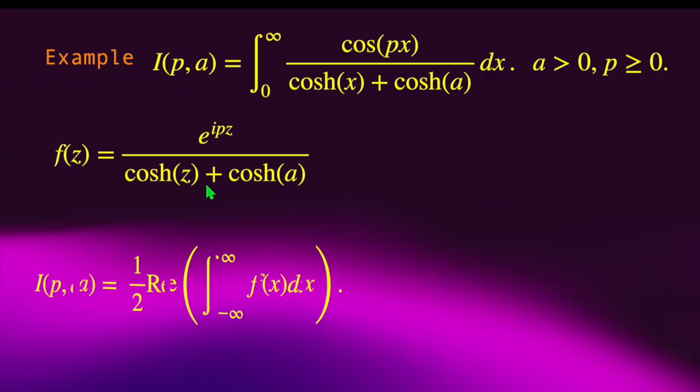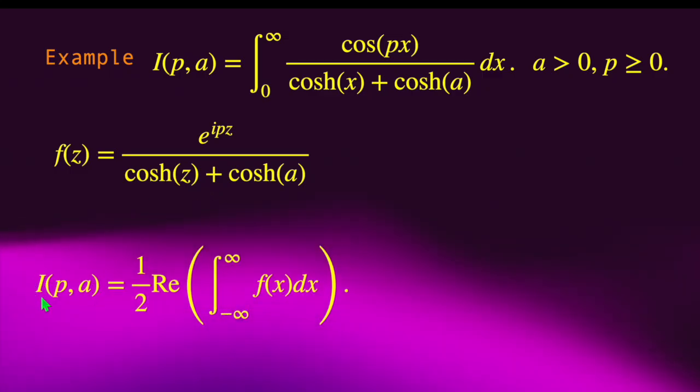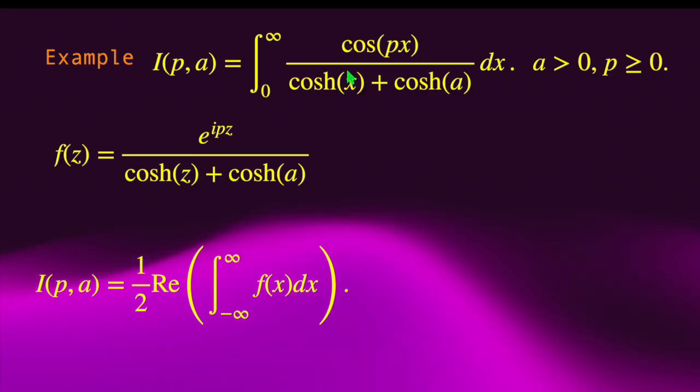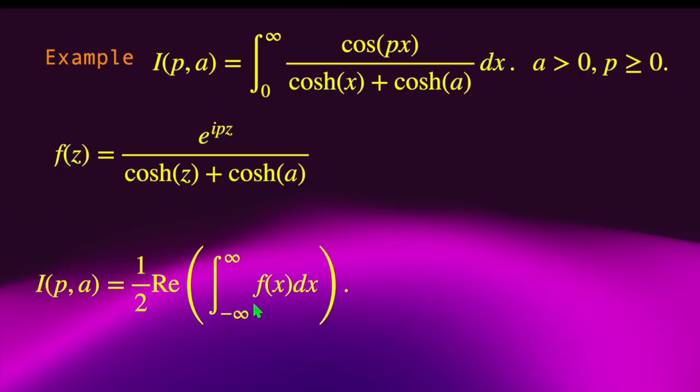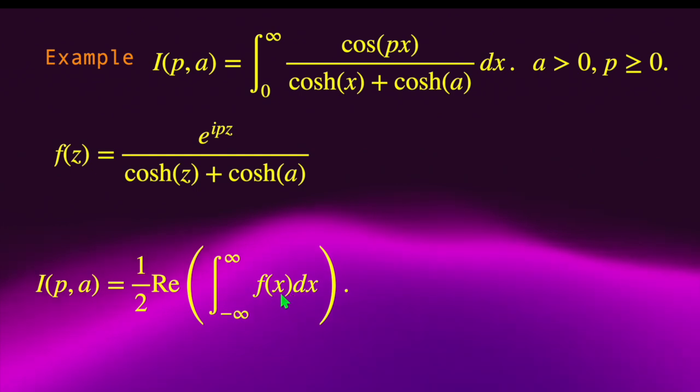So we have that our integral is 1 over 2 the real part of this integral, because this function is even, and the integral from minus infinity to infinity is equal to 2 times the integral from 0 to infinity, and we have this.